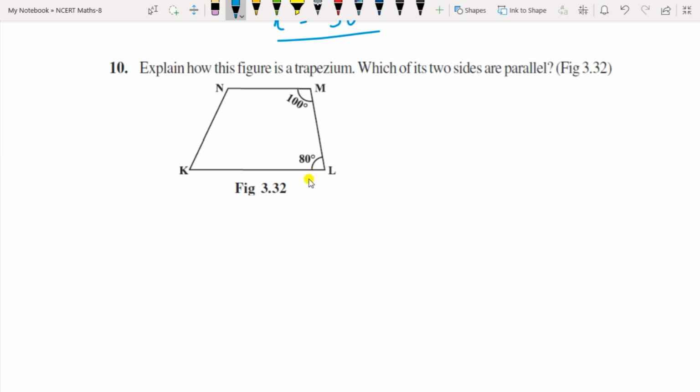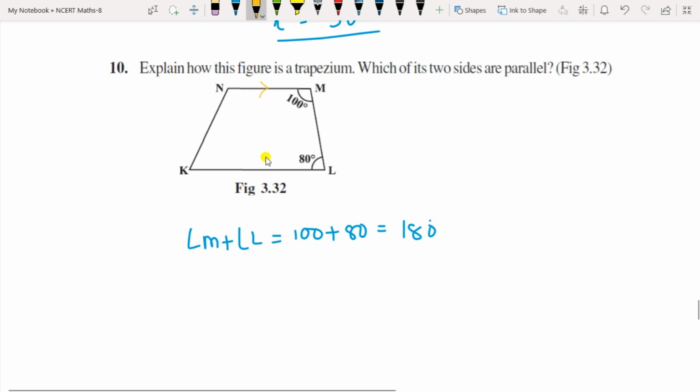If we add these two, it should be 180. Let us see, angle M plus angle L equal to 100 plus 80. Yes, it is coming as 180. So if it is 180, that means these two lines are parallel. That is, this is parallel to this. So it is a trapezium.